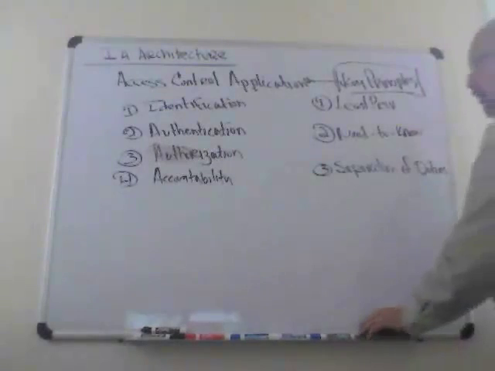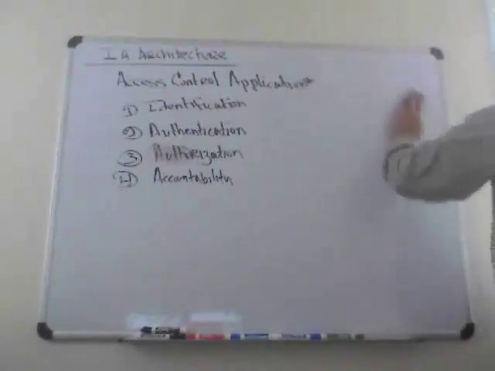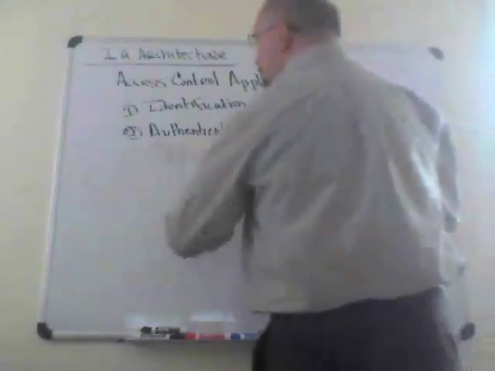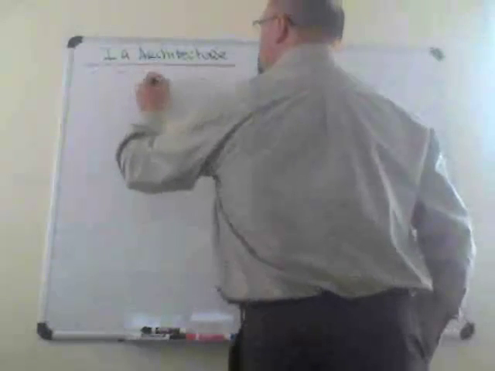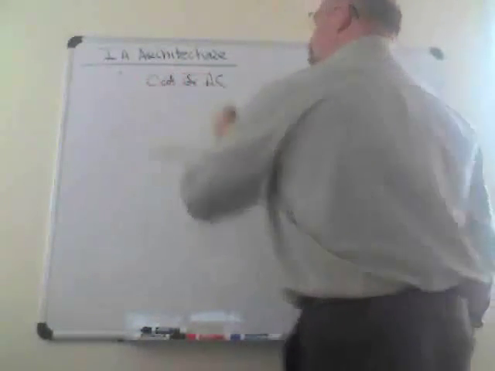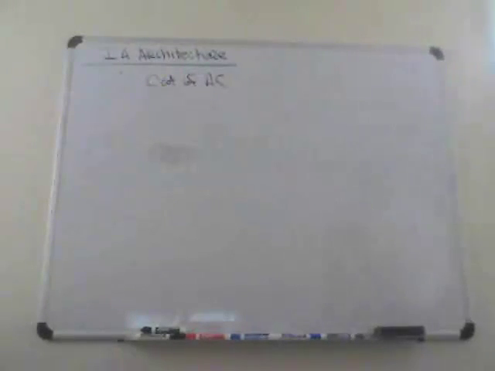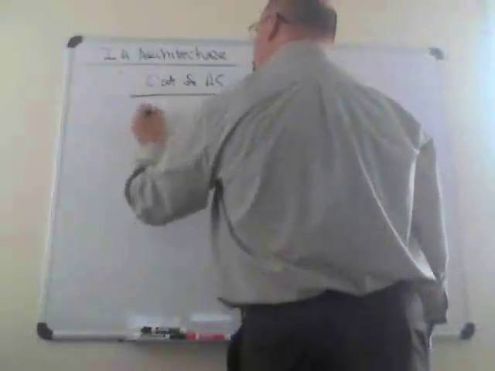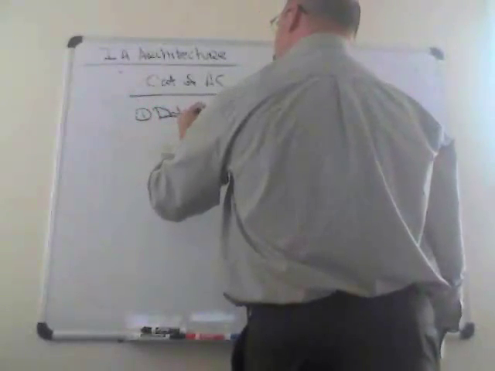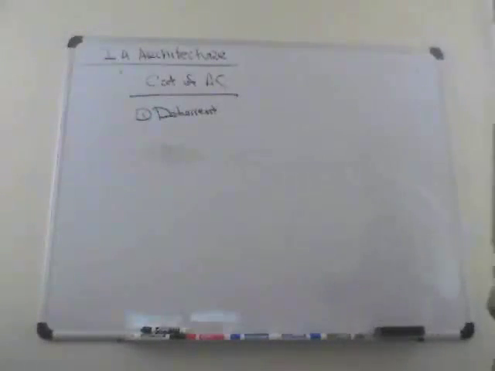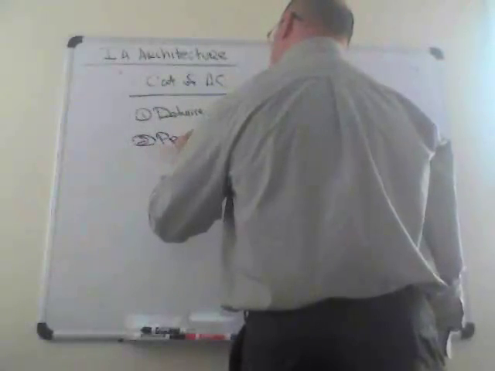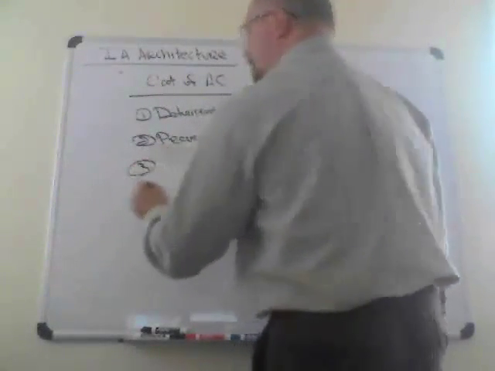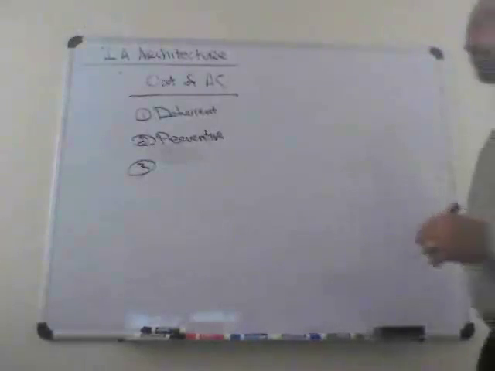So we look at categories of access control. In my opinion, we can break it down into six different categories. One is deterrent. Second is preventive. Third is detective.